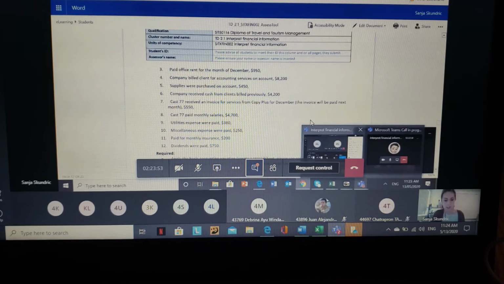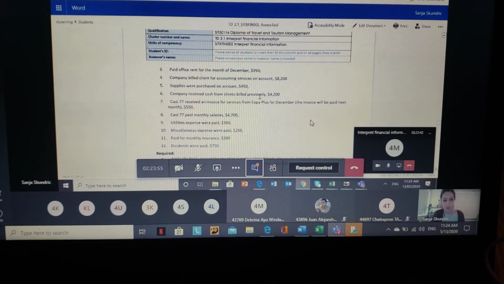So the company received cash from their clients who were previously billed.